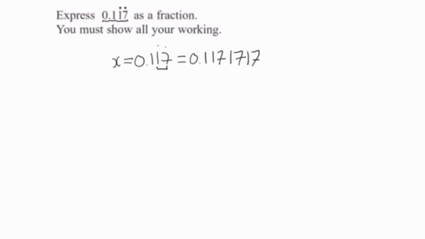Now what we need to do is we need to multiply x by something so that all this recurring nonsense will cancel out. Now in this case, what we want to do, yeah, this is higher, by the way. So I'll just put higher just to make it clear.